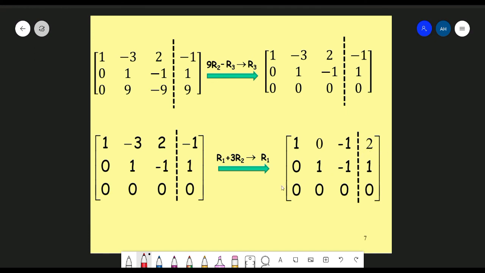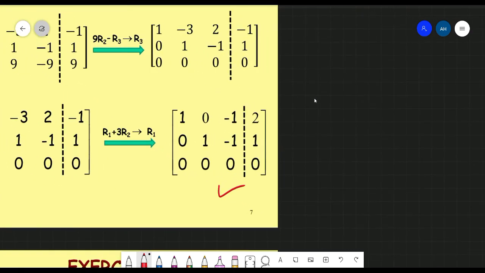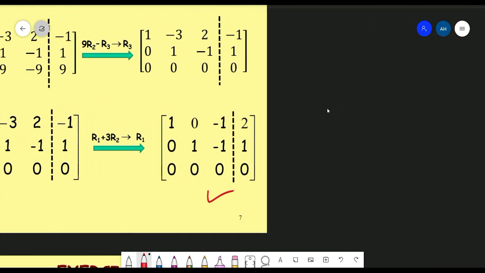So now, if we look at this matrix, it already fulfills all the requirements in our target. Now we are ready to write down the answer for this system of linear equations, right? But where is the solution?